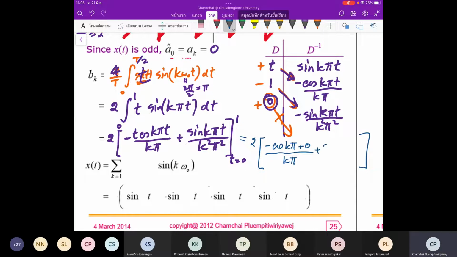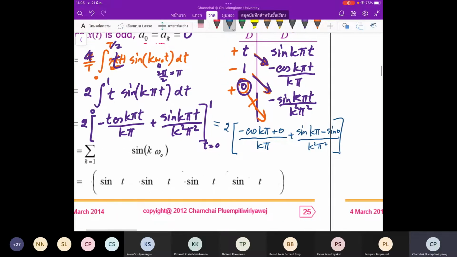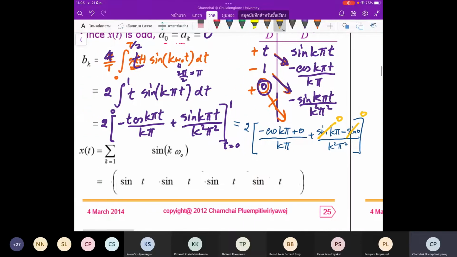Then plus sine of k pi minus sine of 0 over k squared pi squared. Sine of k pi is 0 and sine of 0 is 0, so the second term disappears. Cosine of k pi is negative 1 to the k.